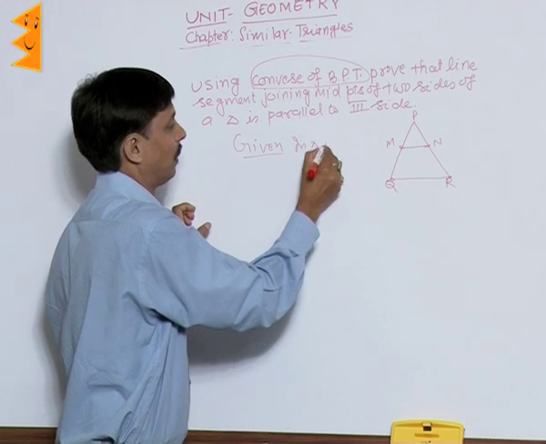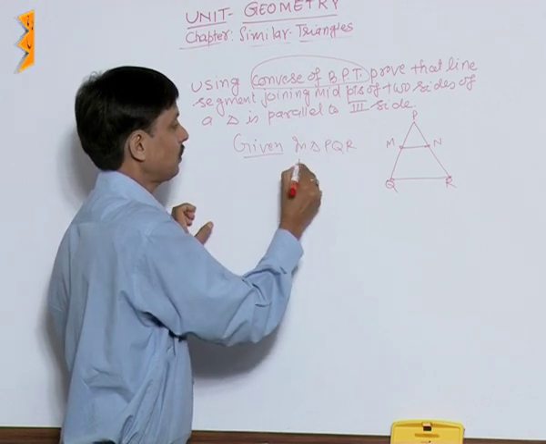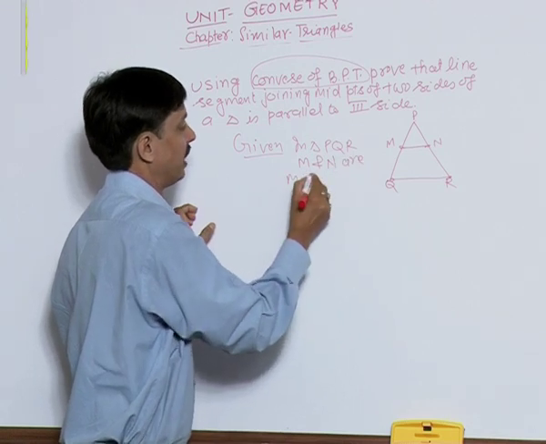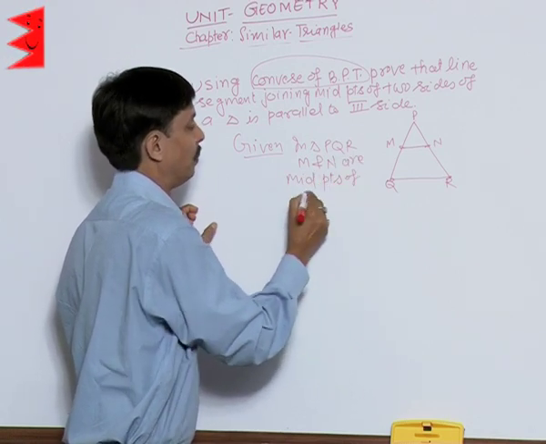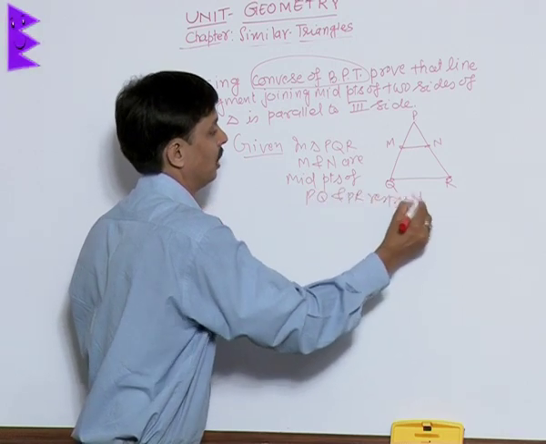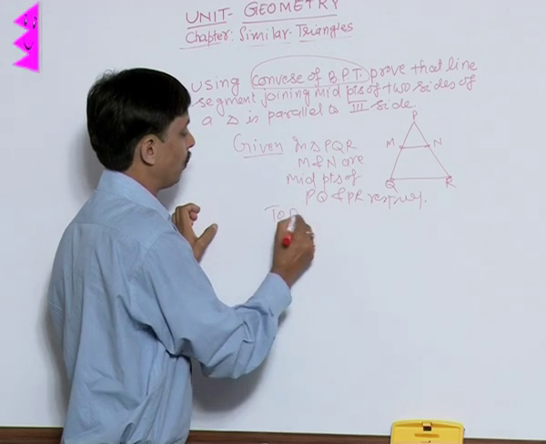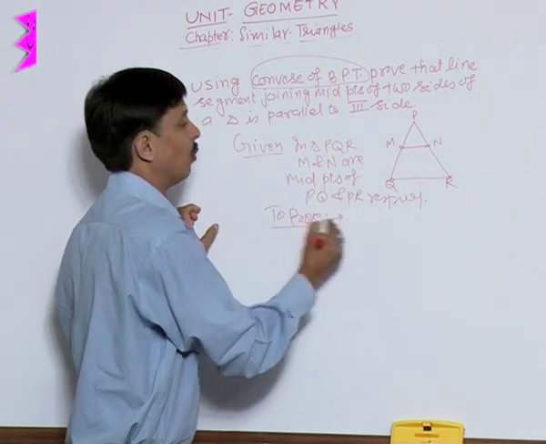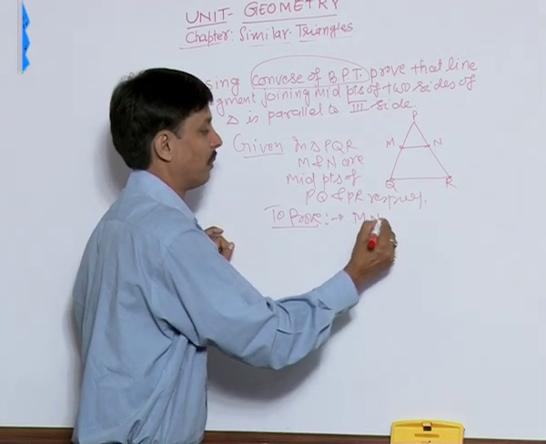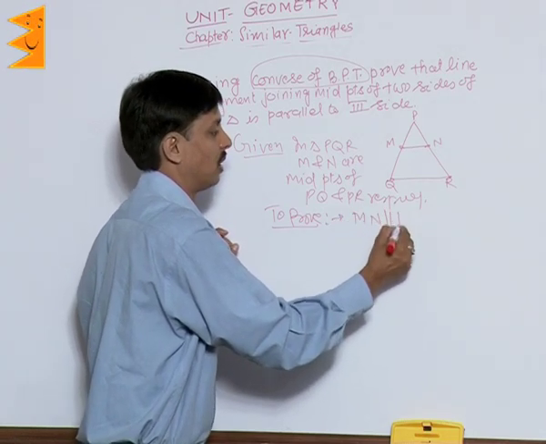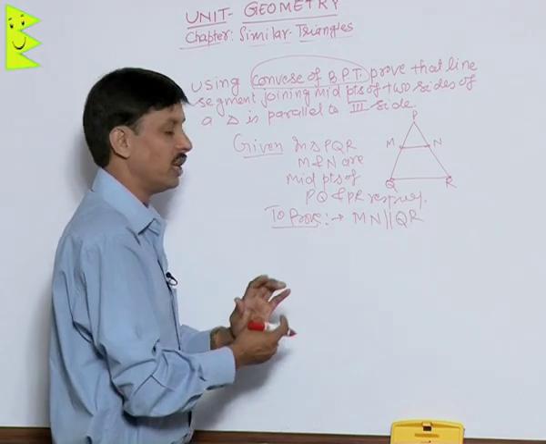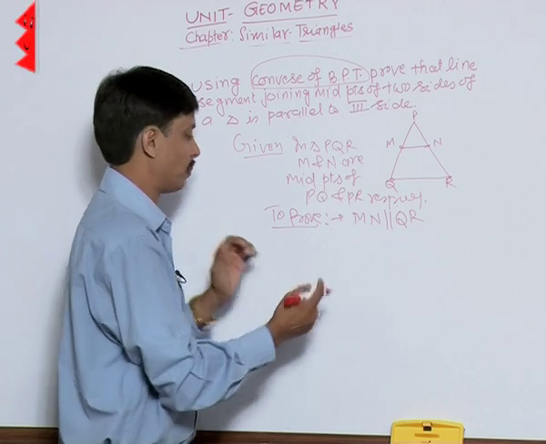In triangle PQR, M and N are midpoints of PQ and PR respectively. This is given. What we need to prove is that this line segment which is joining the midpoints of the two sides is parallel to the third side, that is, MN is parallel to QR.